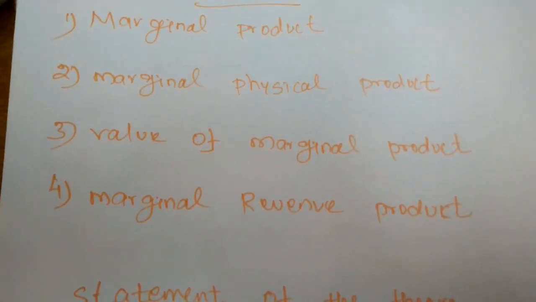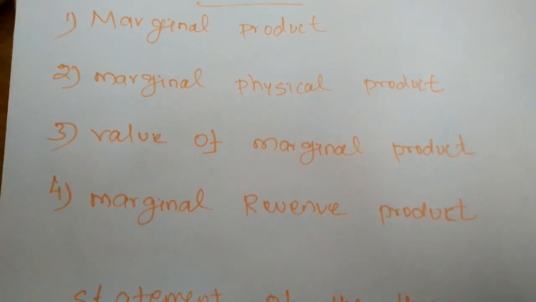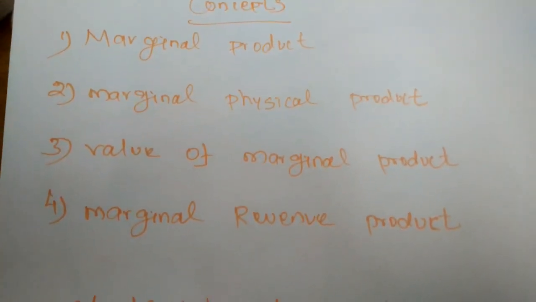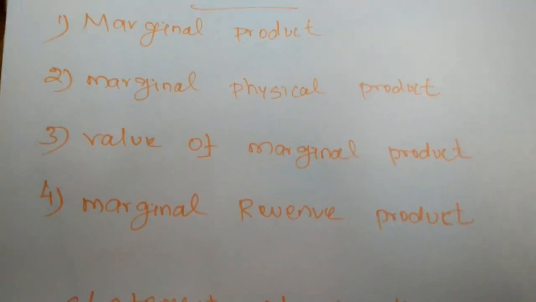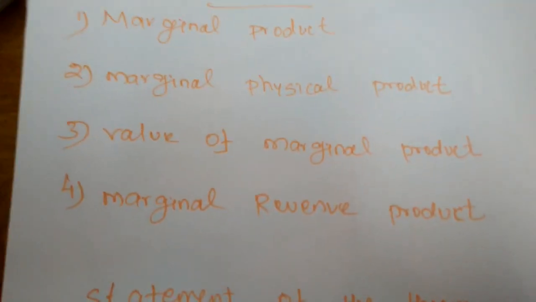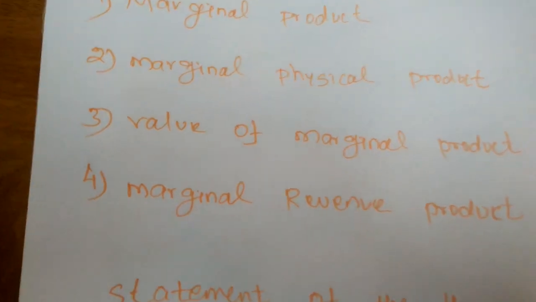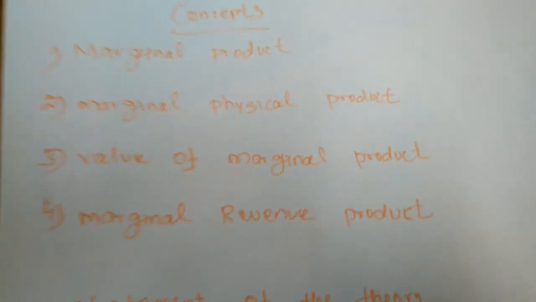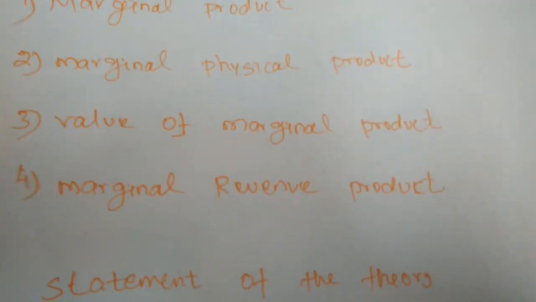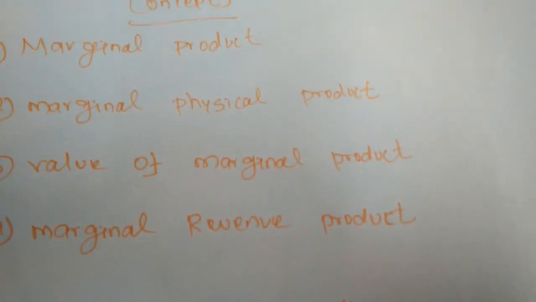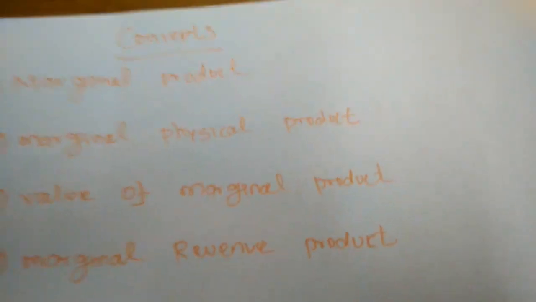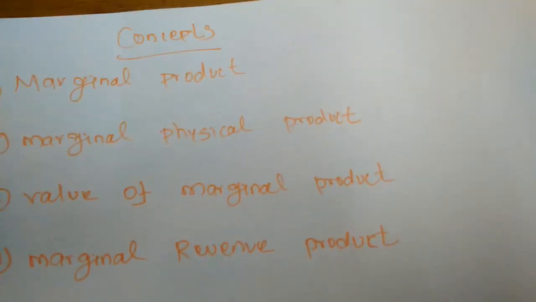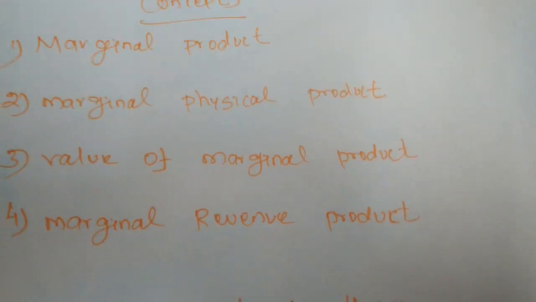The marginal product may be expressed as marginal physical product, value of marginal product, and marginal revenue product. So marginal product means, when we are arranging one more extra labor to produce commodities, how much additional product is created by the additional labor.